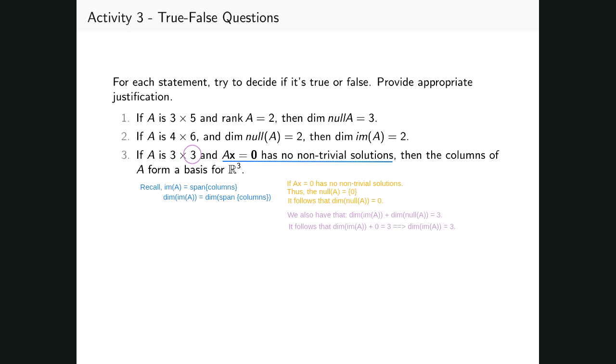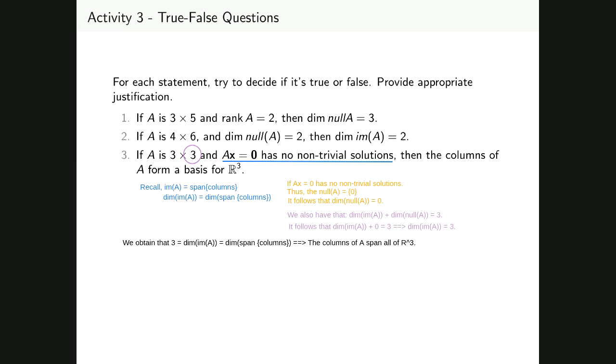So the dimension of the span of the columns is 3, and that implies that the columns of A span all of R3. And if we span all of R3, then we're a basis for R3.